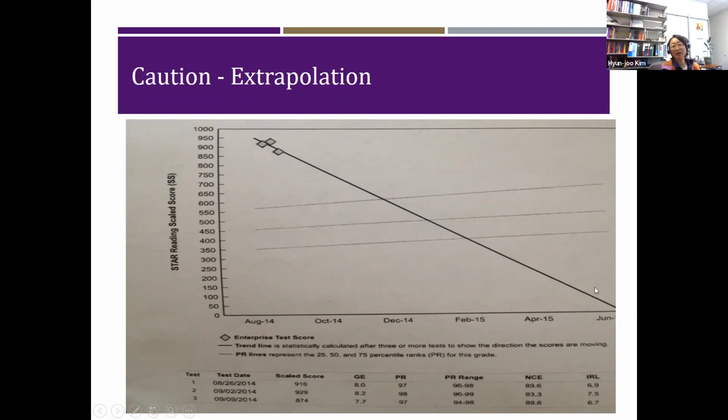When things are happening around here, it's probably not a good idea to extrapolate too much, because your prediction power is very weak. So be careful about that, especially when using a linear regression line for prediction.